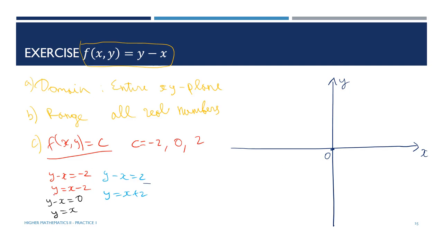Okay, the first one, y equals x minus 2. When I plug in 0 here, instead of x, I will get y equals -2. When I plug in 0 there, I will get x equals 2.